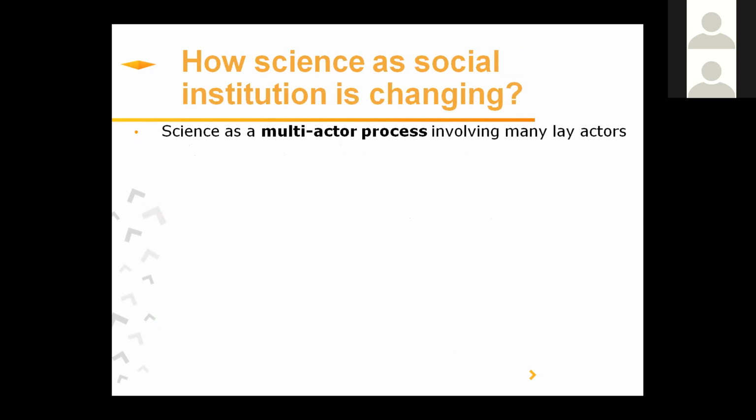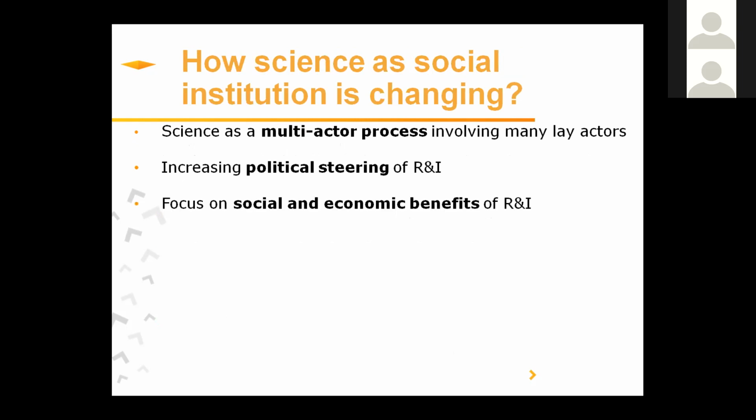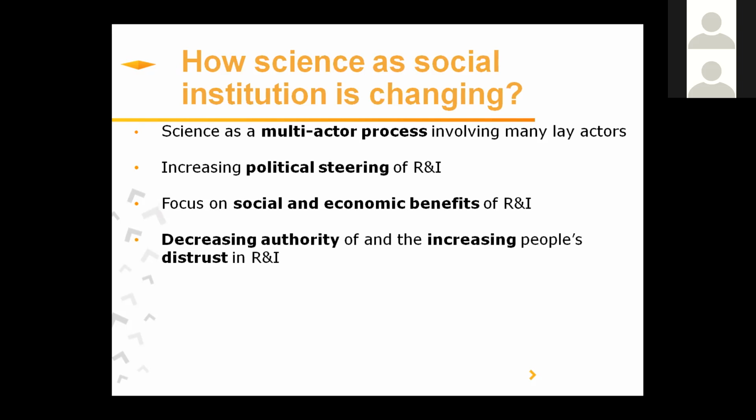First, science is becoming a multi-actor process involving many lay actors. That is, it is not only an affair of scientists. There is an increasing political steering on research and innovation, and the focus is increasingly on social and economic benefits of research and innovation, so more on applied research than on fundamental research.